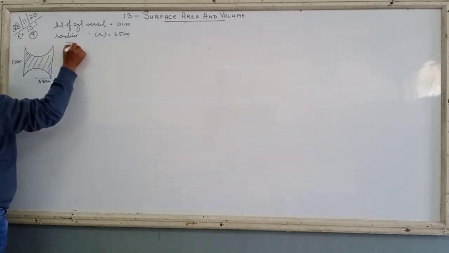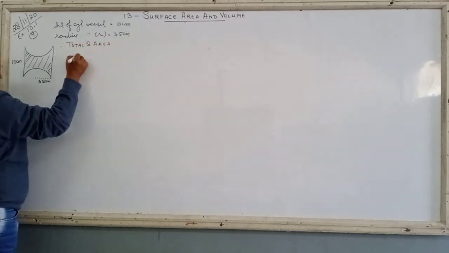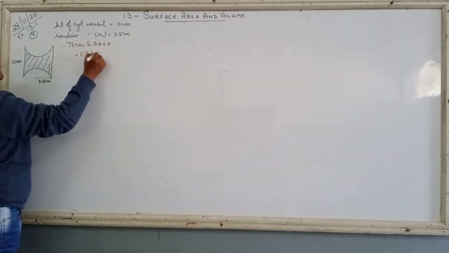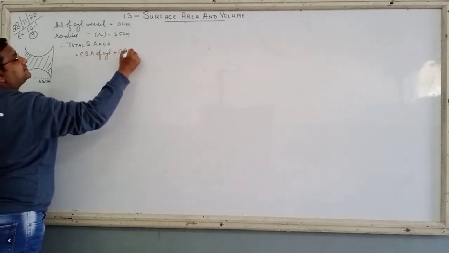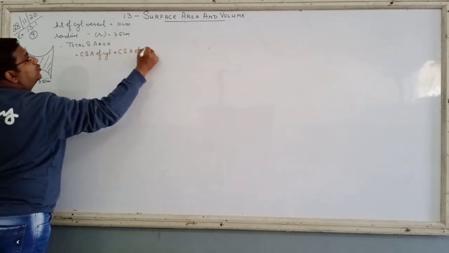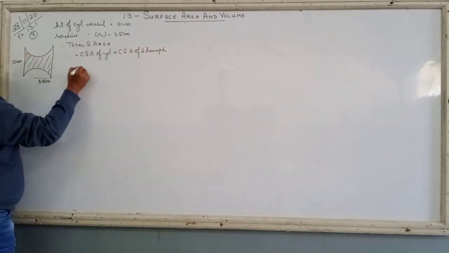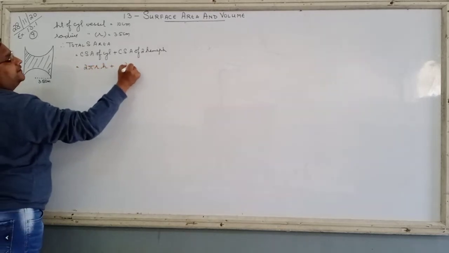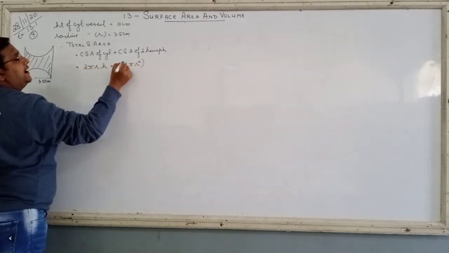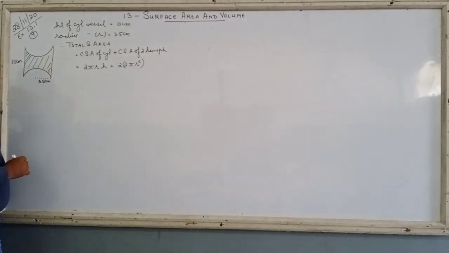Therefore, total surface area is equal to curved surface area of cylinder plus curved surface area of two hemispheres. So curved surface area of cylinder 2 pi r h plus curved surface area of hemisphere 2 pi r square, and since there are two, it will be multiplied by 2.